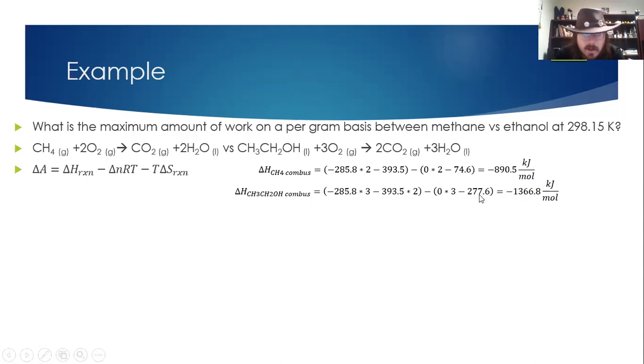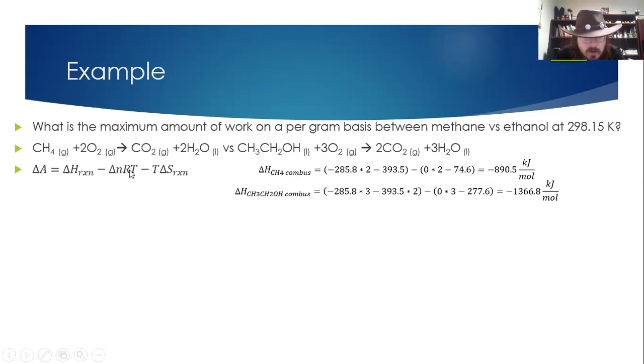Fine. Now, when we go to calculate our nRT, we look at how many moles of gas we have changing. We only want to consider the moles of gas, so not the liquid. So CO2 is 1 mole of gas, and we came from 3 moles of gas. So we have a net change of -2.